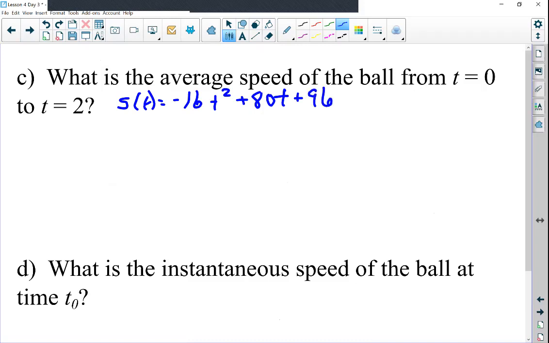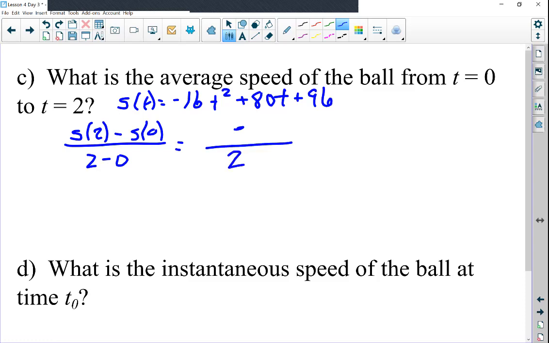So the average speed, I would take s at 2 minus s at 0 divided by 2 minus 0. And I think it's easiest to use our calculator to do some of these calculations. I'm pretty sure 2 minus 0 is 2, though. I'm pretty confident on that one.